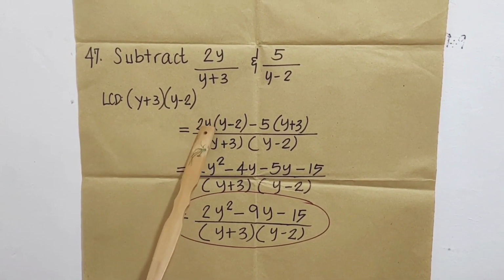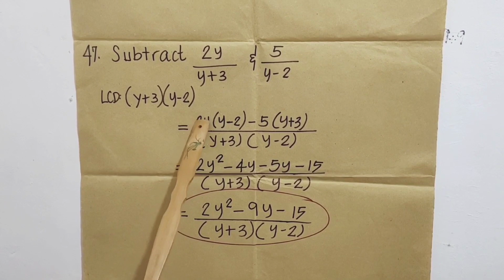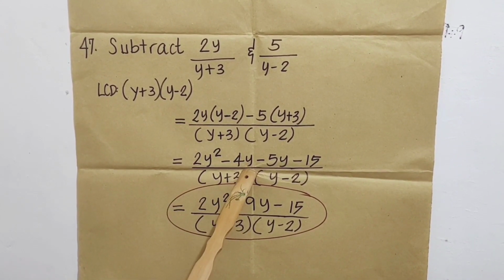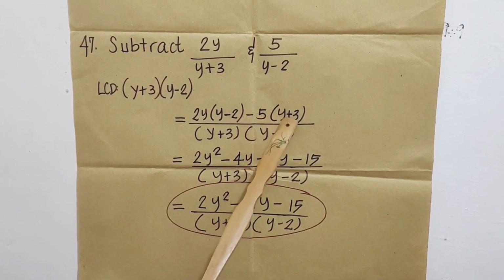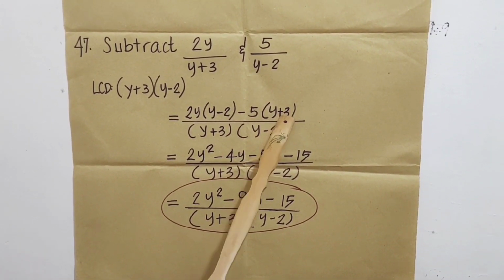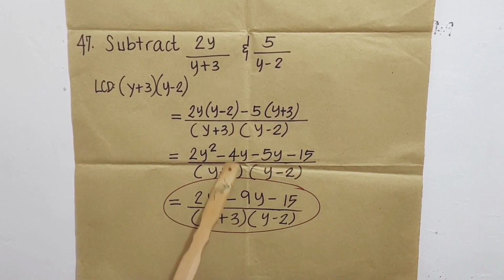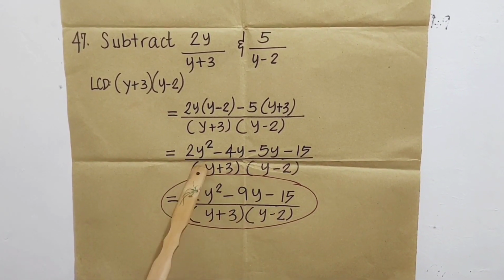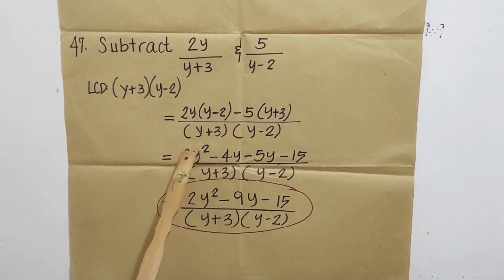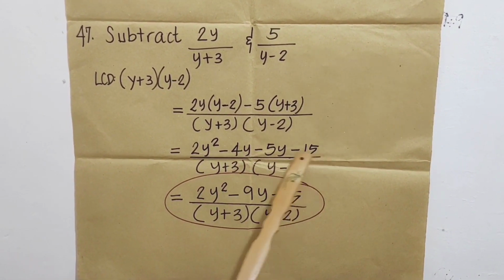So we're going to multiply 2y times y equals 2y squared, and 2y times negative 2, we have negative 4y, and negative 5 times y equals negative 5y, and negative 5 times positive 3 equals negative 15. Then copy the denominator. Then next, we simplify the numerator by combining like terms.